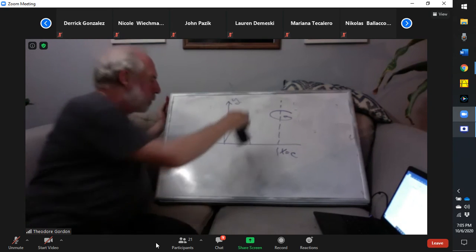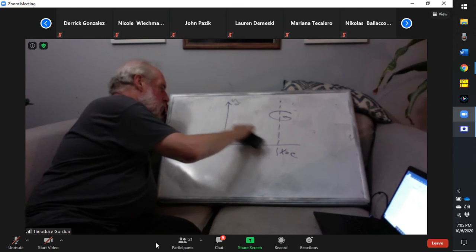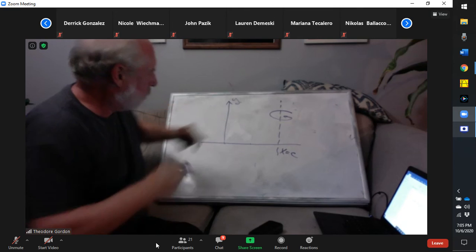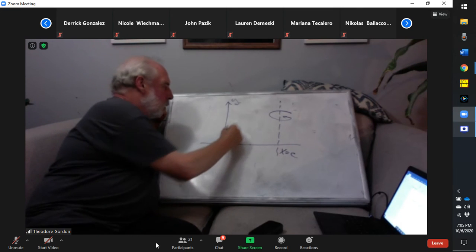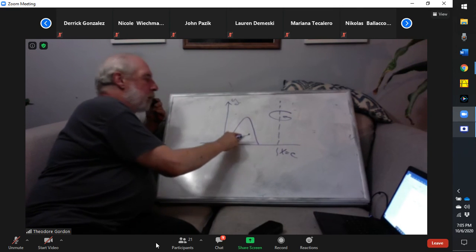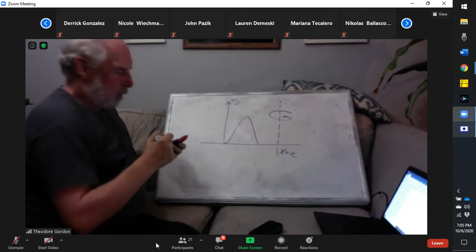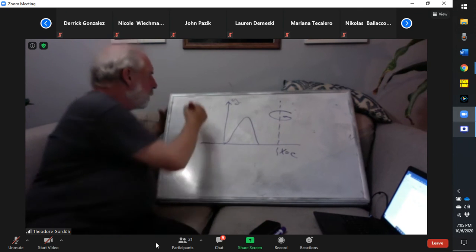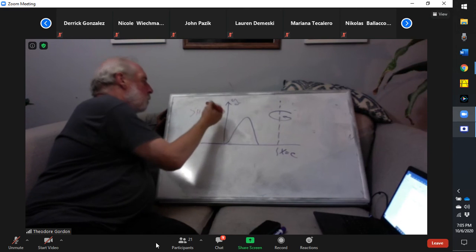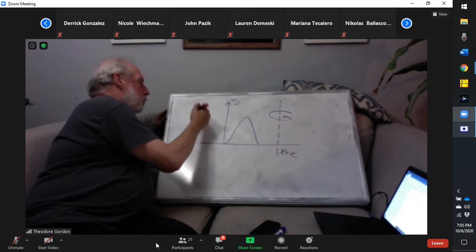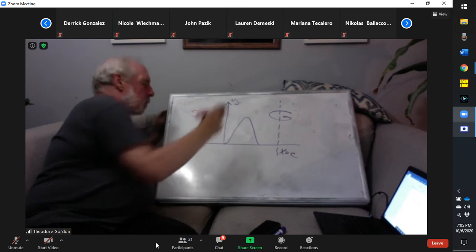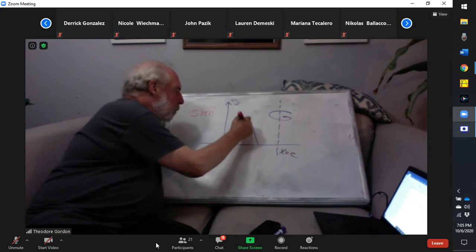Let me make this a little bit bigger. So this shape is going to go spinning around that line. So we're using shell method. Markers are, I think I got to clean the whiteboard.